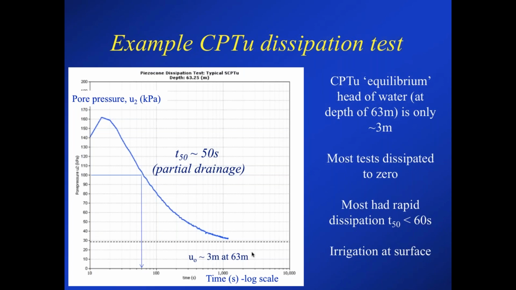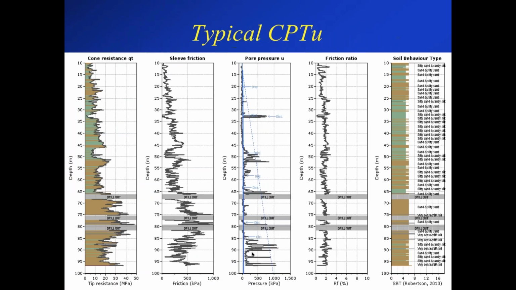And I have been involved in a project where the piezometers that were installed and therefore monitored over much, much longer periods went to even lower pressures. So here we're showing 3 meters head of water at 63 meters depth. It is possible that the piezometers would have gone slightly lower than that, but in terms of the overall interpretation, it wouldn't have affected what we did.